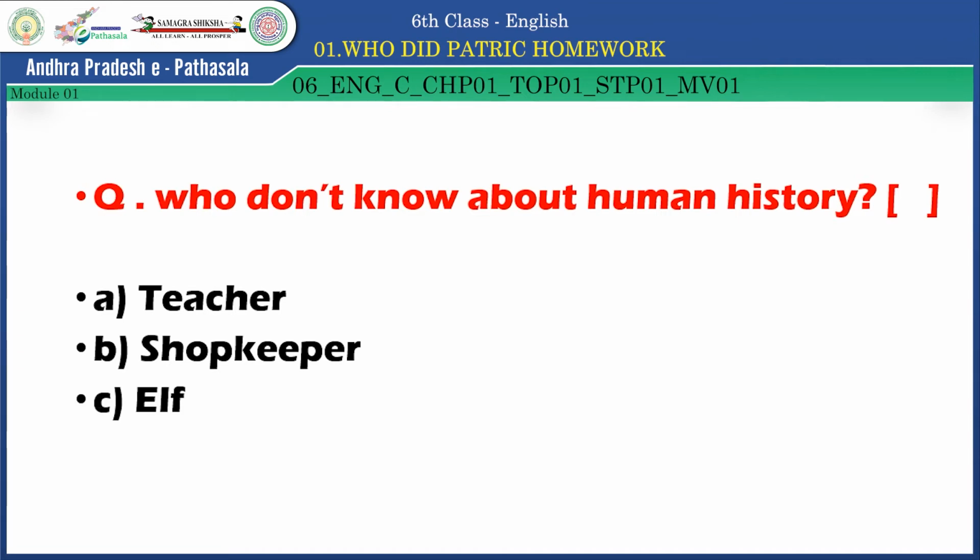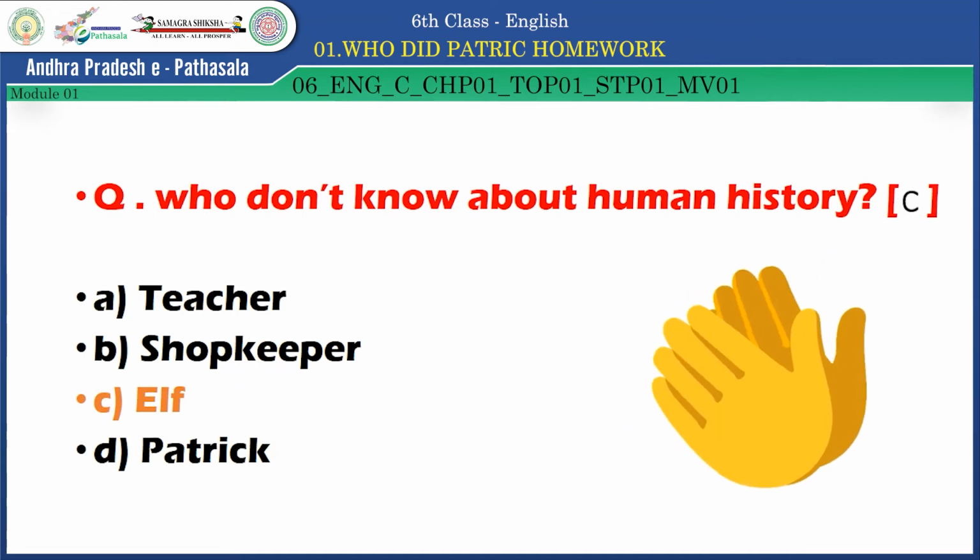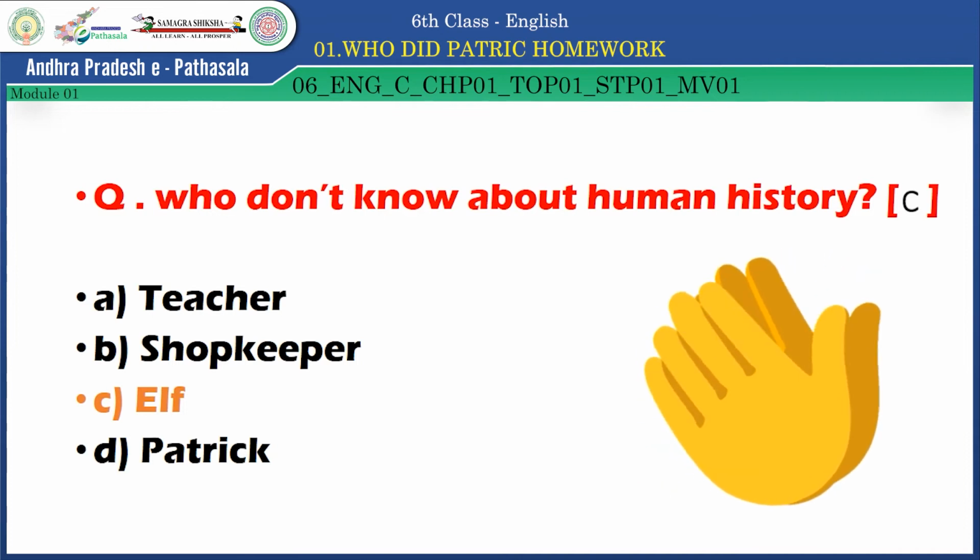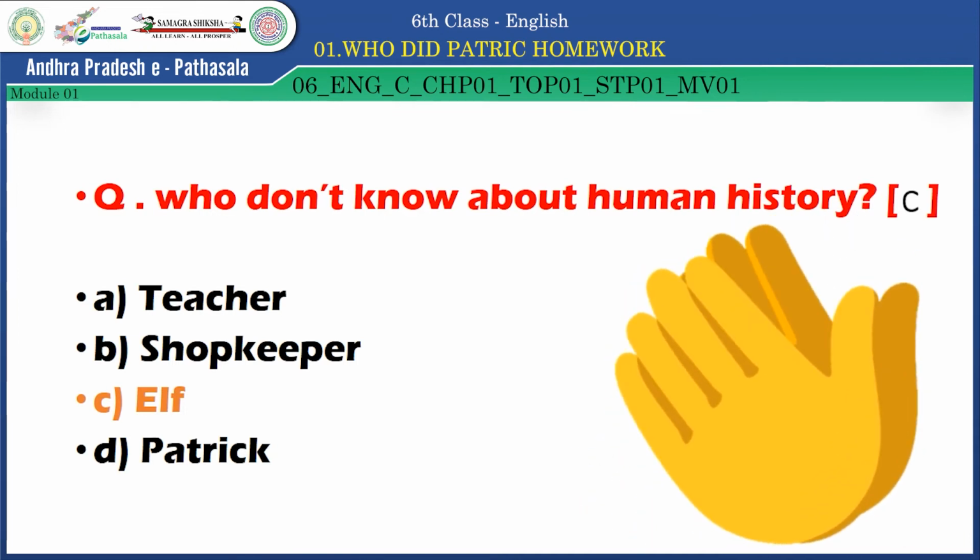Option C, elf. Option D, Patrick. Which one is the answer? Think it. Yes. The answer is elf. Option C. Very good. Let's move on further.